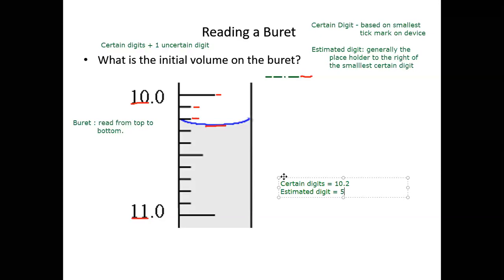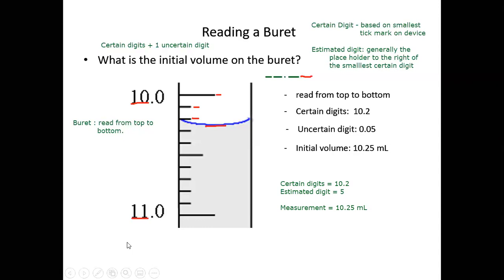So our measurement is 10.25 milliliters. So the measurement using a Buret would be recorded down to the hundredths place. So that's how you record the number of significant figures from a measurement.